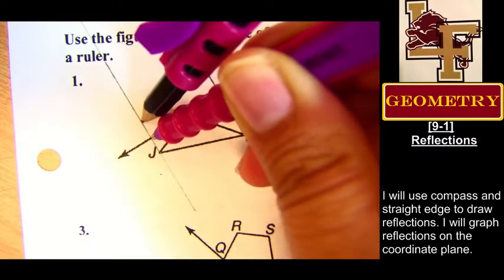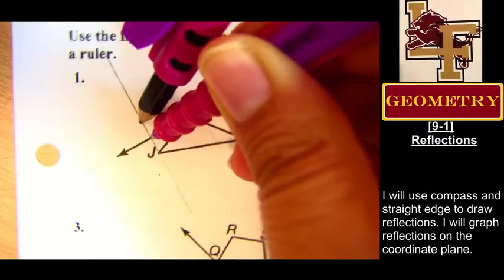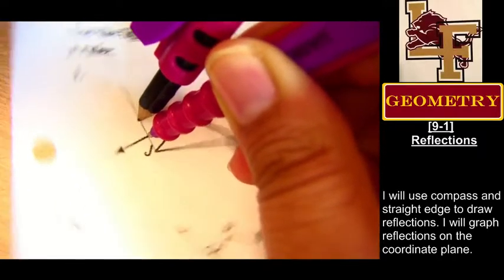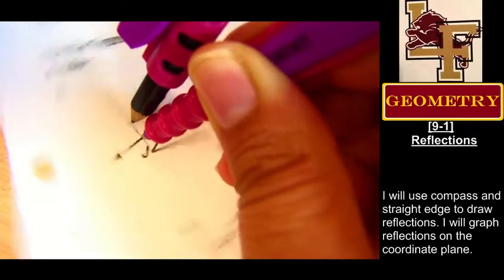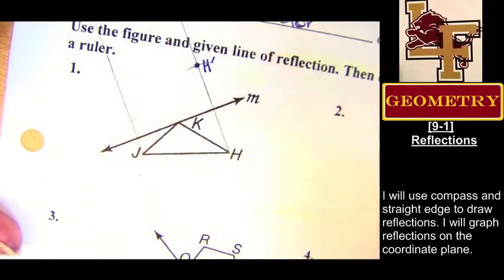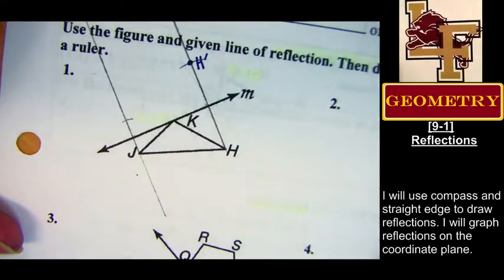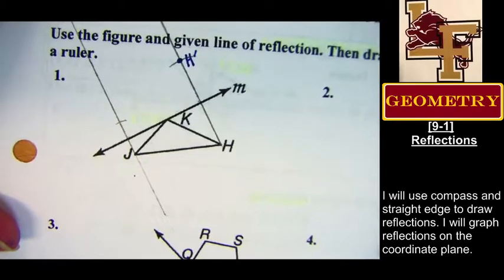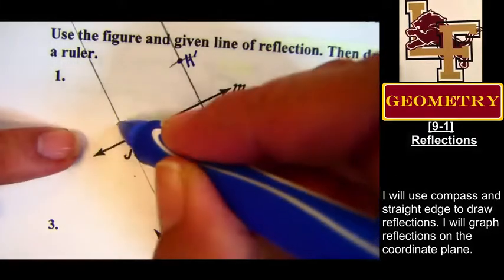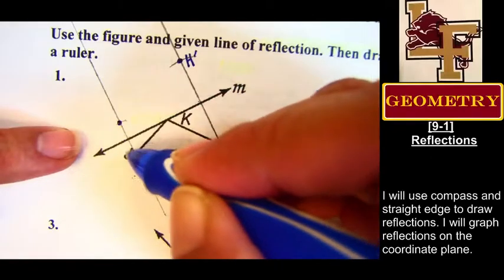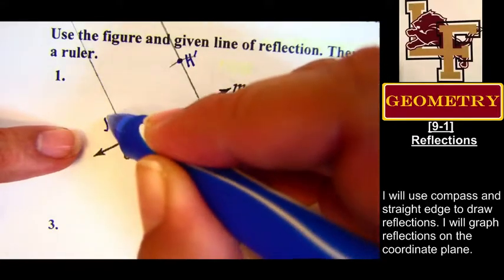My pencil is touching the paper, and I'm gonna play DJ and scratch the record. When I'm done, I've left a little mark. This point of intersection is the image for J, which we'll call J prime.